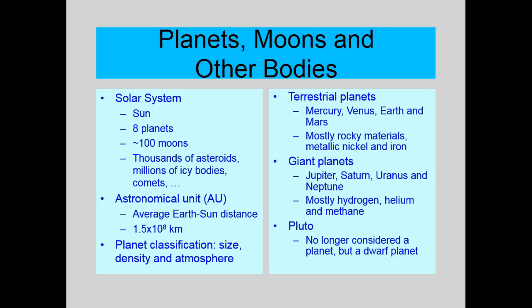Earth is unique in its atmosphere. Anyone know what the predominant element in our atmosphere is? Or compound? Nitrogen, then oxygen. Close to 80% nitrogen, not quite, 78, something like that. Oxygen, close to 20%, not quite, maybe 18 or 19%.